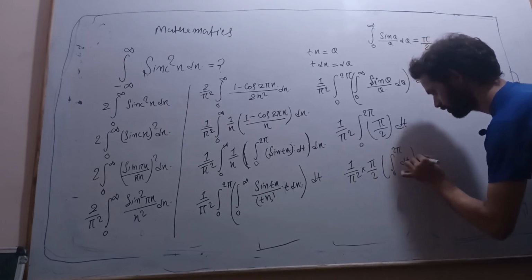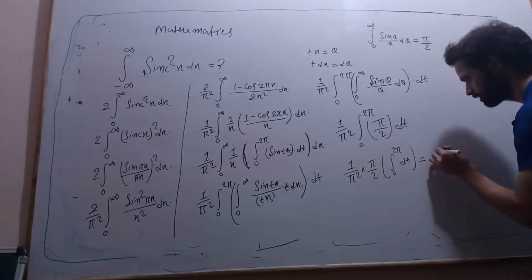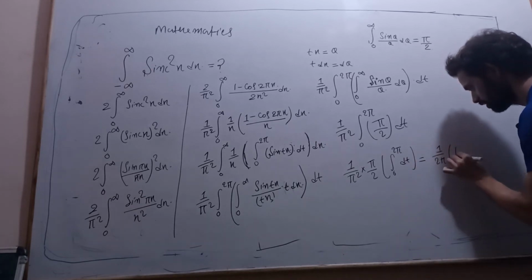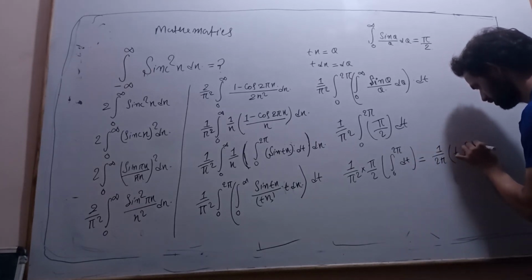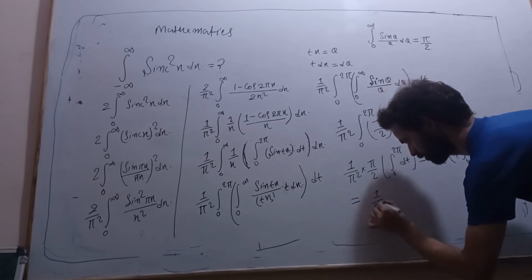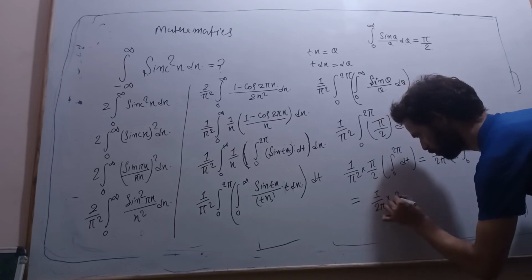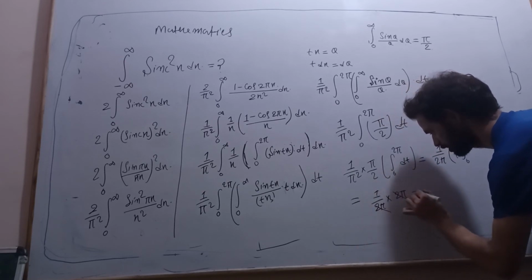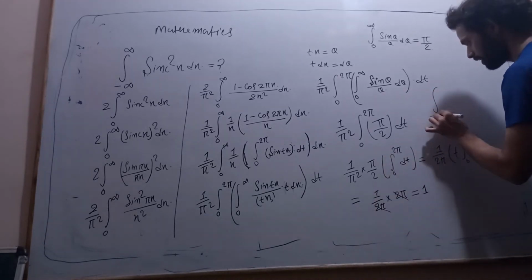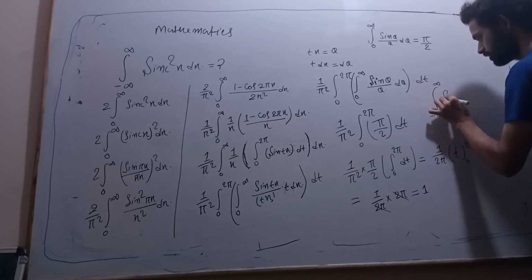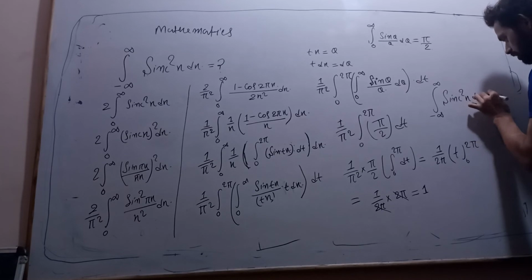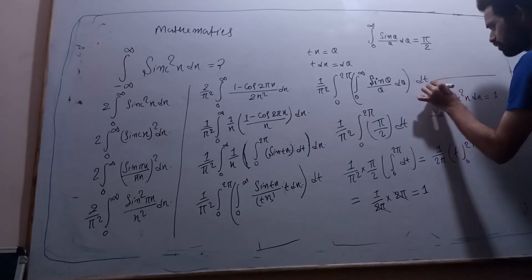Pi gets cancelled, so it is 1 by 2 pi into t from 0 to 2 pi, which is 1 by 2 pi into 2 pi, which is equal to 1. So finally we got the answer: the integral from minus infinity to plus infinity of sinc square x dx is equal to 1.